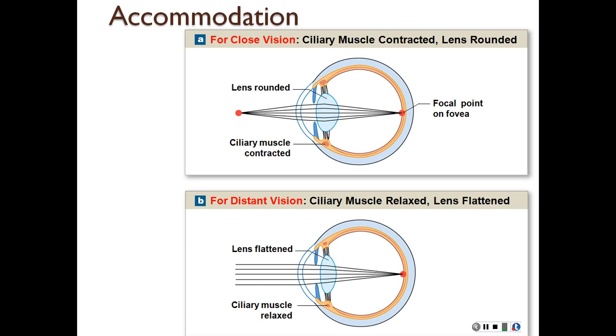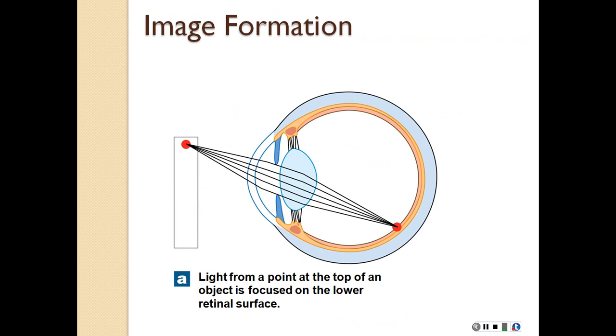For distant vision, so when you're looking at me, since I'm far away from you, your ciliary muscles relax, and that causes the lens to flatten out. And all of that is to make sure that the image you are looking at falls on your fovea. If the lens wasn't working, then the image would not fall properly on your fovea centralis, and the image would be distorted.